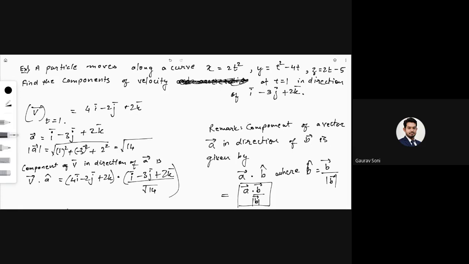So we can take the dot product of this. While taking dot product, we mean that multiply the coefficient of i to i, j to j and k to k and add them. 4 plus 6 plus 4 divided by under root 14. 6 and 8, 14. 14 upon root 14 is root 14. This is the component of velocity in direction of that vector.